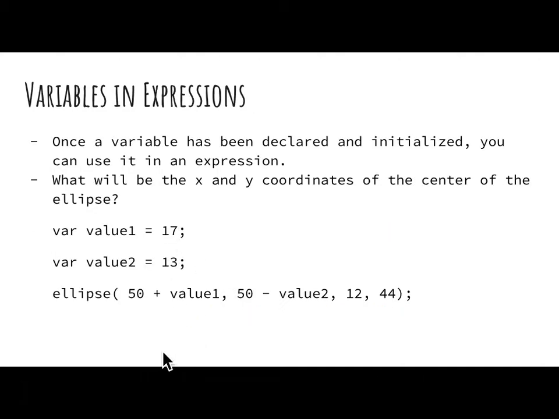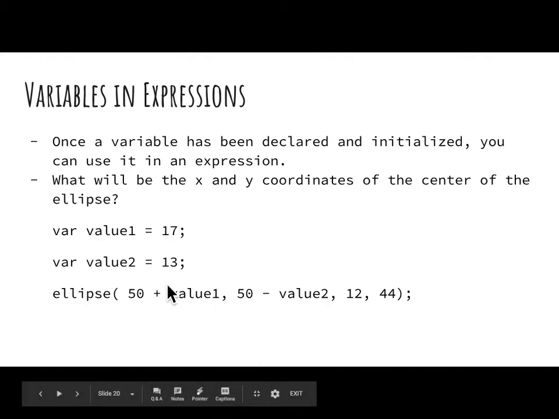So to test your understanding, where will this ellipse be drawn? Var value1 equals 17, var value2 equals 13, and then we use it in the ellipse arguments. Can you calculate those numbers? We think through this.